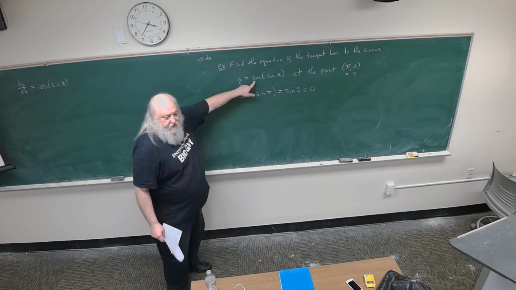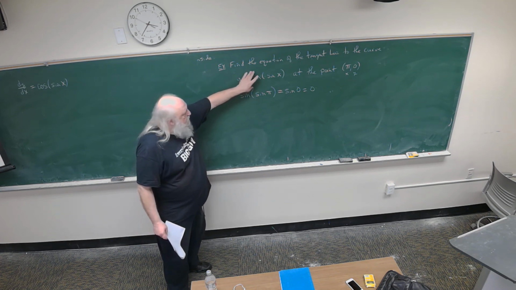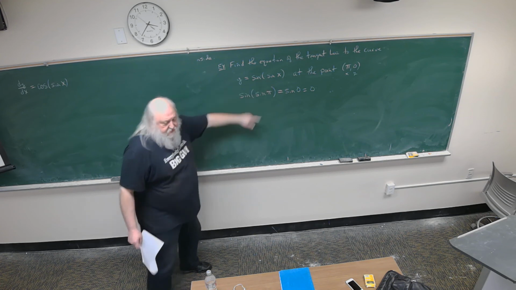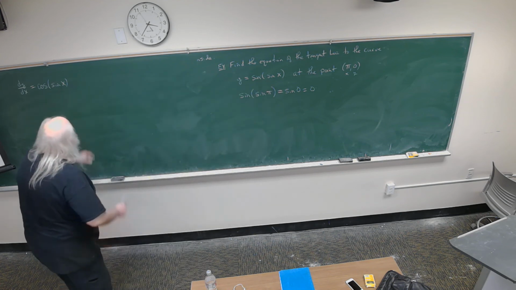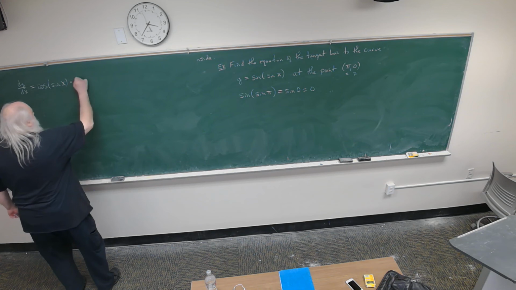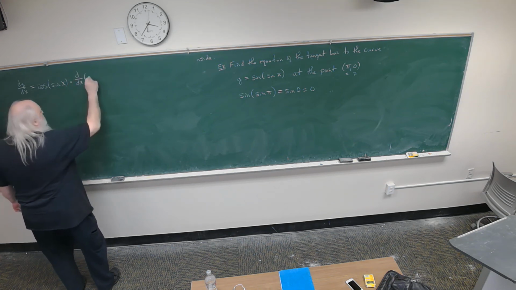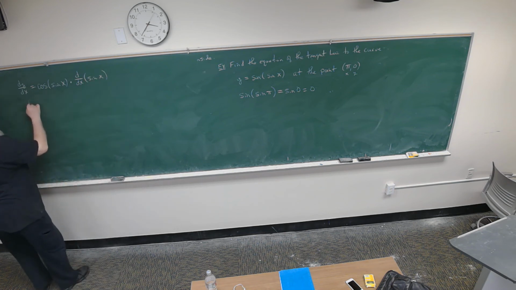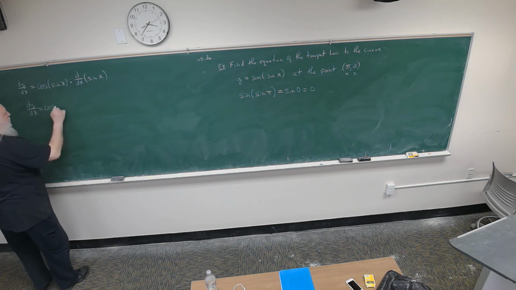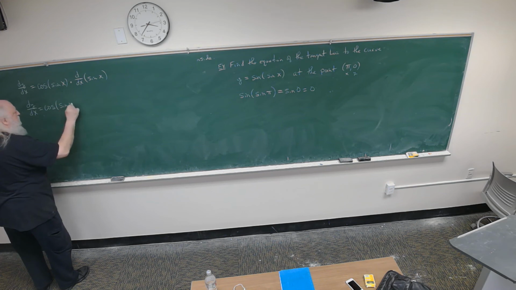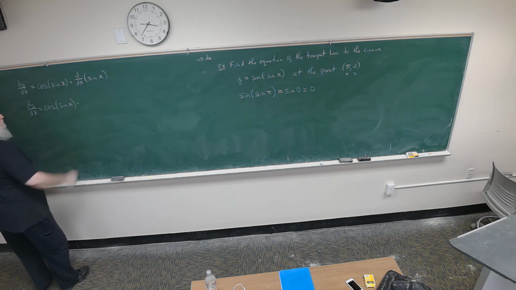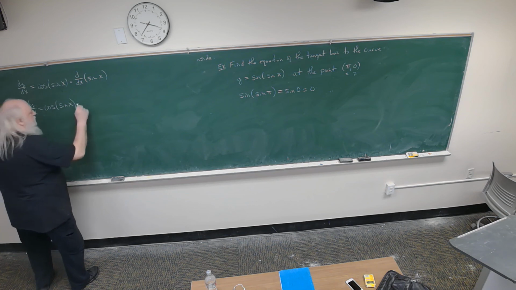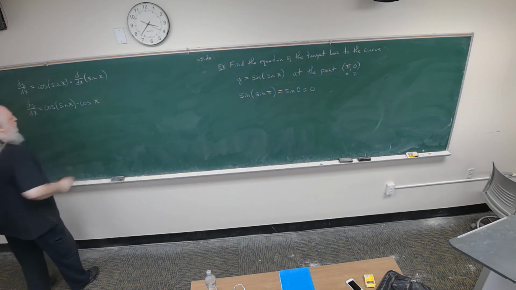So when we differentiate the outer function sine, we get cosine, evaluated at sine of x. Then we multiply this by the derivative of the inner function sine x. So the derivative of y with respect to x is equal to the cosine of the sine of x times the derivative of sine of x with respect to x, which is cosine x.